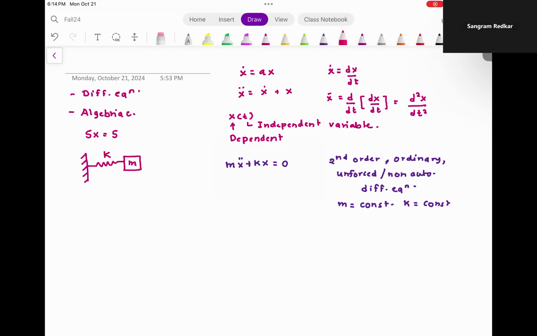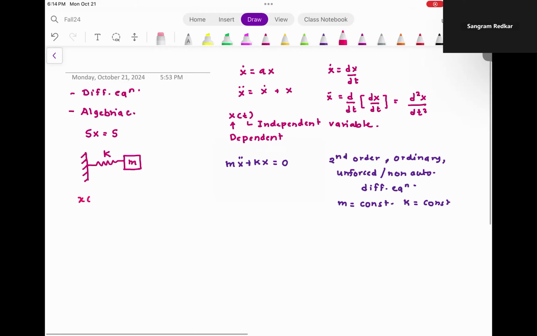Whenever you see a differential equation which is linear, constant coefficient, and there is no forcing on top of it, the only thing that you should substitute as x is x of t equal to maybe a e to the lambda t.